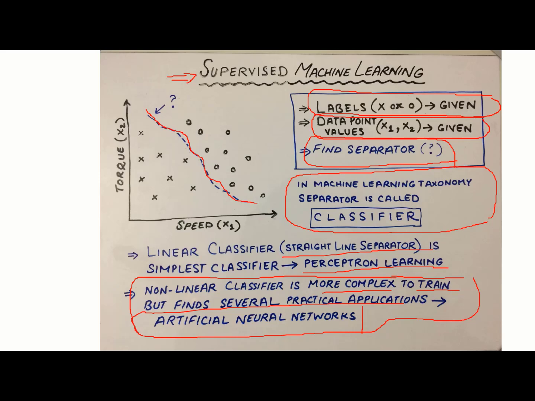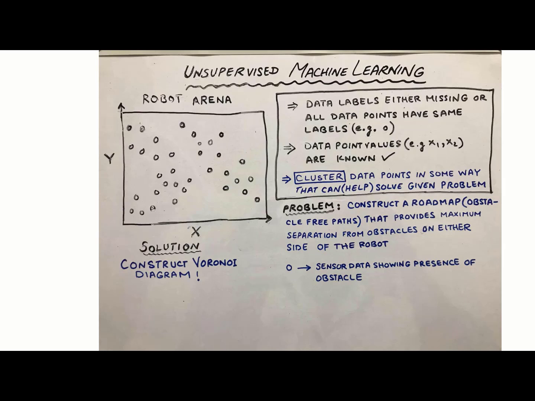post midterm. In contrast, we have another paradigm of machine learning known as unsupervised machine learning. This word unsupervised to me is somewhat scary, and the main reason is that although the data points are given, that is the values x1 and x2, although in this case I've used x and y, the scary thing is that the labels are not given.